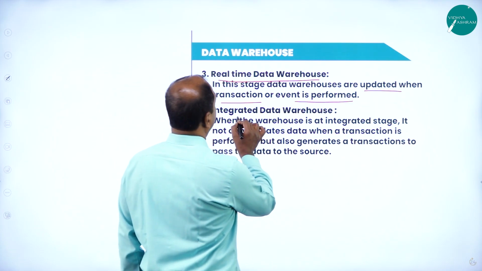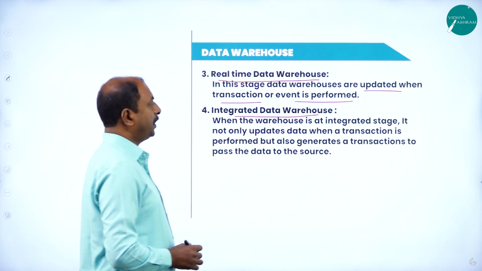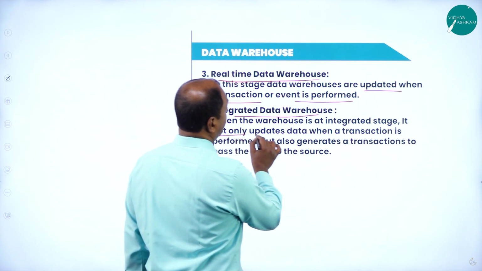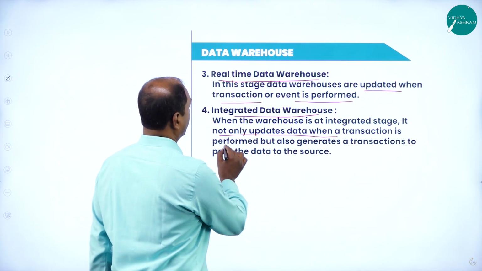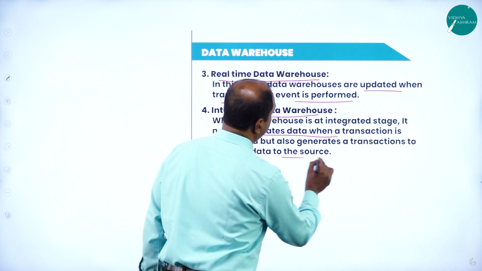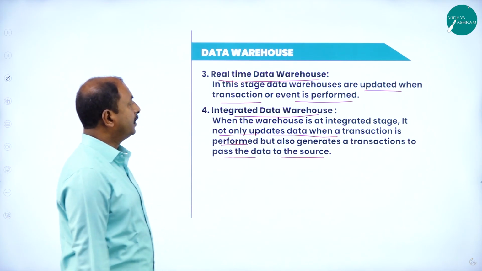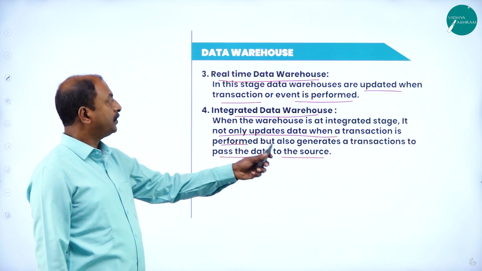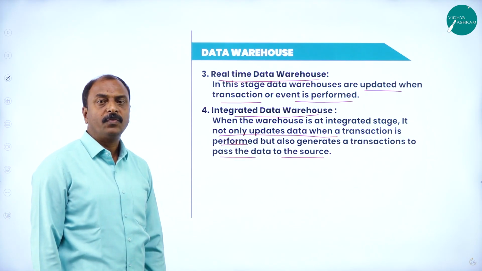Next one is the integrated data warehouse. In this stage, it not only updates data when a transaction is performed, but also generates a transaction to pass the data to the sources. So this is communication or transaction between different systems. That is the integrated data warehouse.